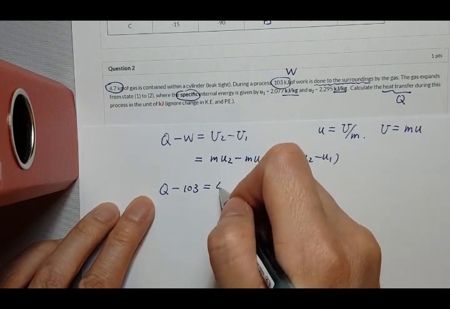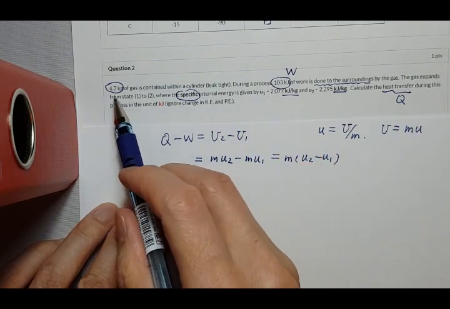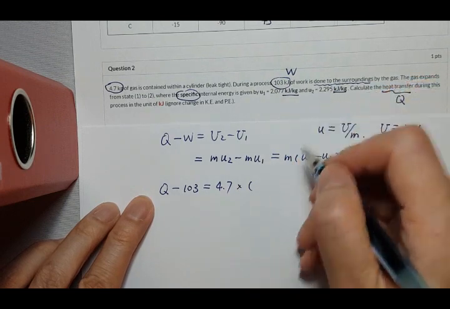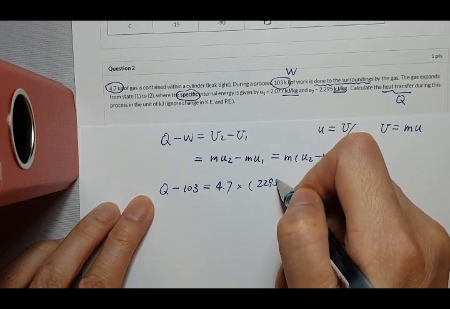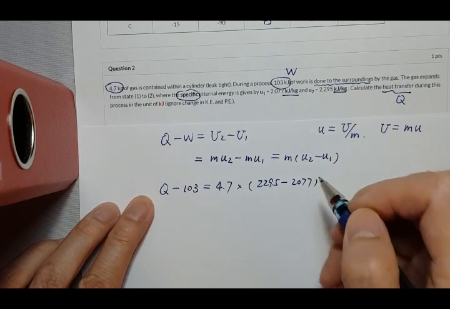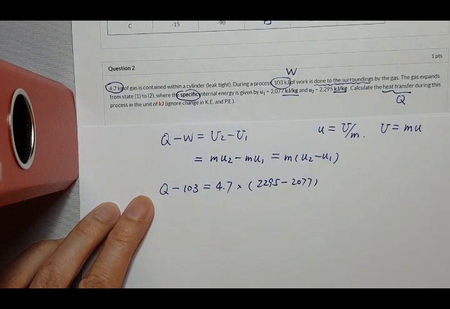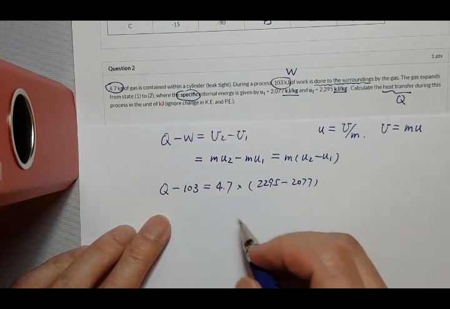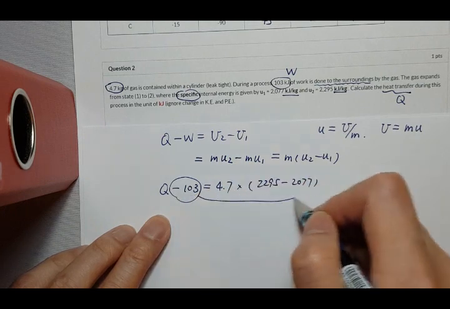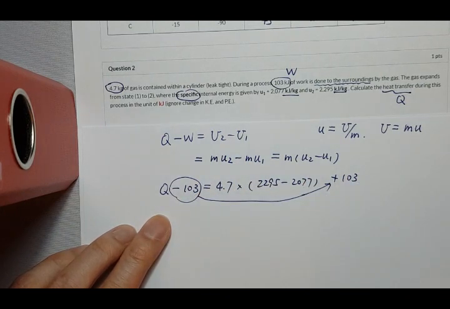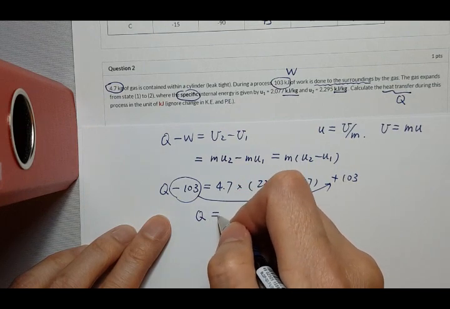So M, 4.7 kilogram there, okay, times u2 is here, 2295, subtract u1, 2077. Okay, and so you just need to calculate, and you can move this one over here.